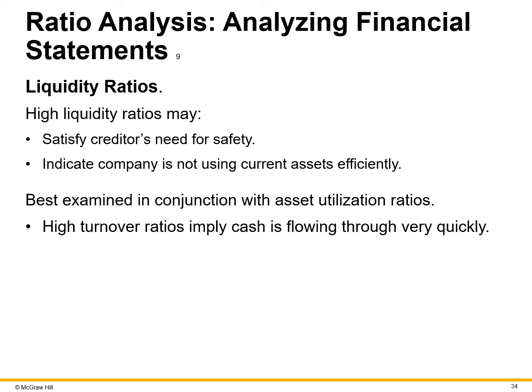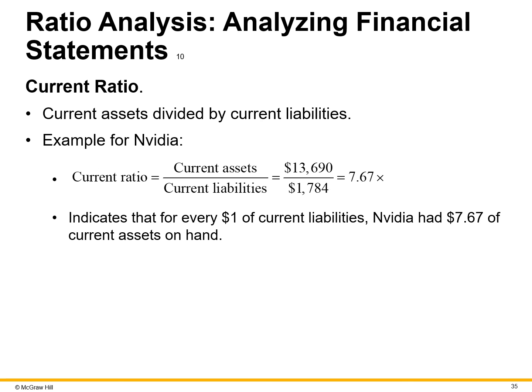Liquidity ratio measures the speed with which a company can turn its assets into cash to pay off short-term debt. A high liquidity ratio may satisfy a creditor's need for safety, but ratios that are too high may indicate that the organization is not using its current assets efficiently. Current ratio is the current assets divided by the current liabilities.